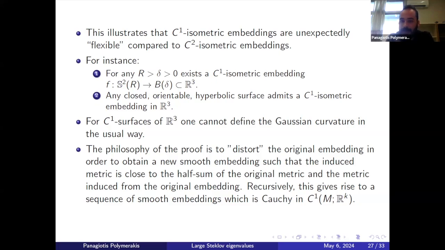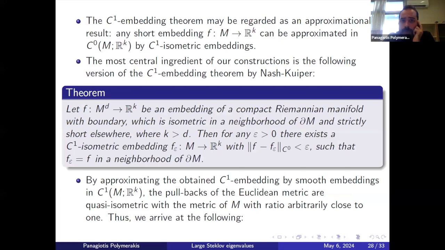However, recursively, this gives rise to a sequence of smooth embeddings, which is Cauchy in C1. So it converges in C1, and the limit turns out to be isometric. Okay, so in principle, we may think of the C1 embedding theorem as an approximation result. If we have a short embedding, it can be approximated in C0 by C1 isometric embeddings.